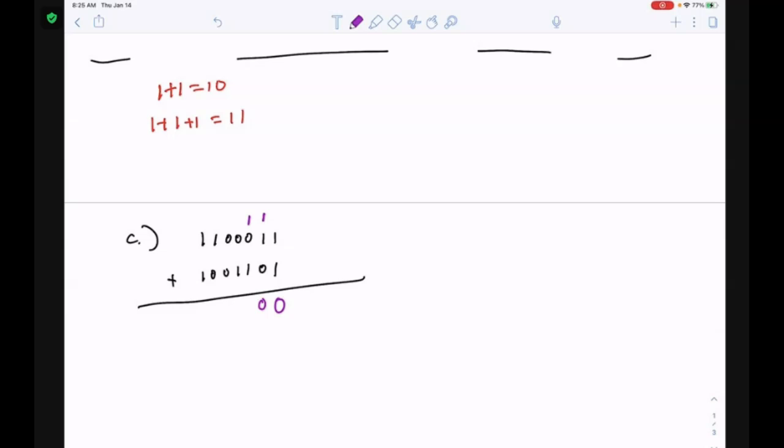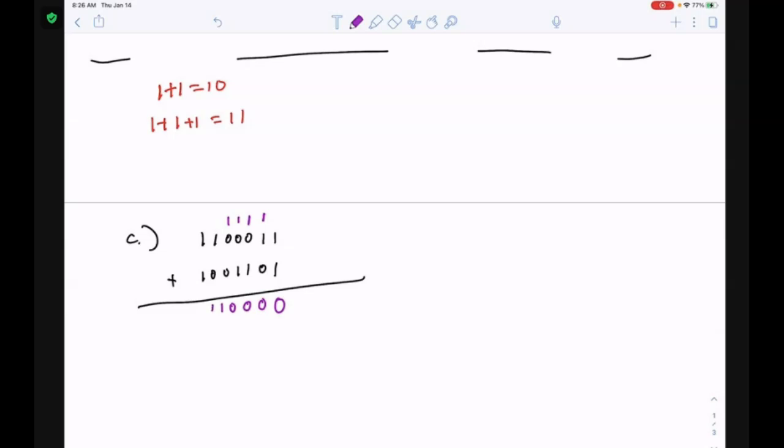1 plus 0 plus 1 is? 10. 1 plus 0 plus 1 is? 1 plus 0 plus 0 is? 1. 1 plus 0 is? 1.